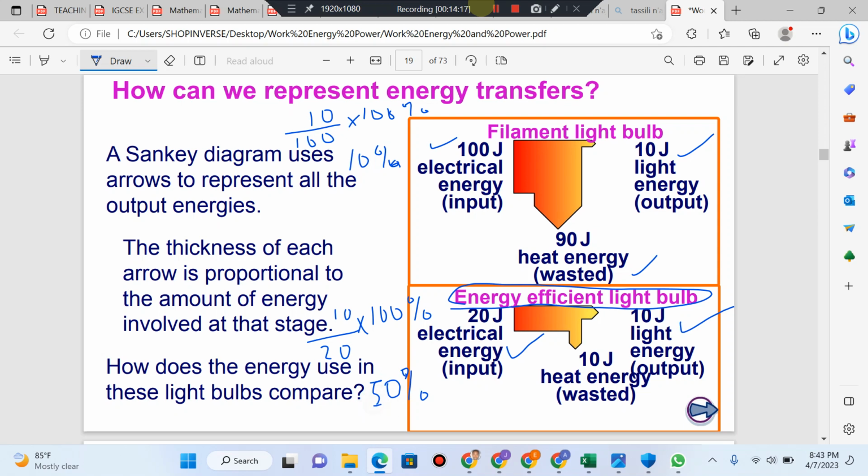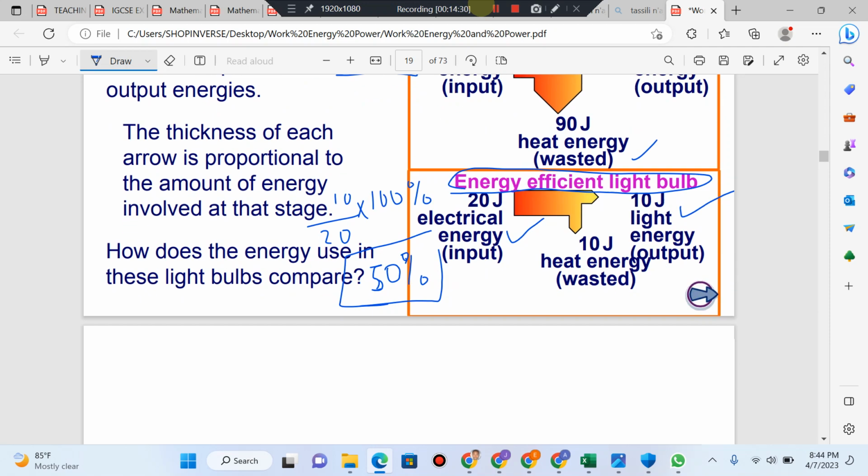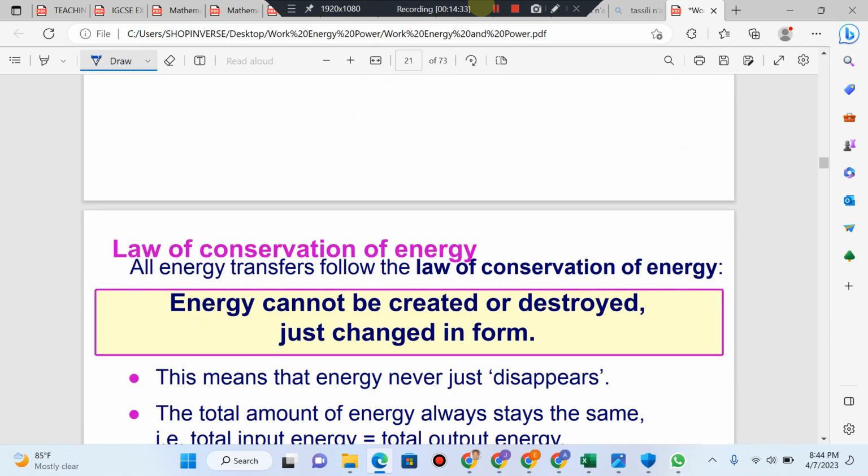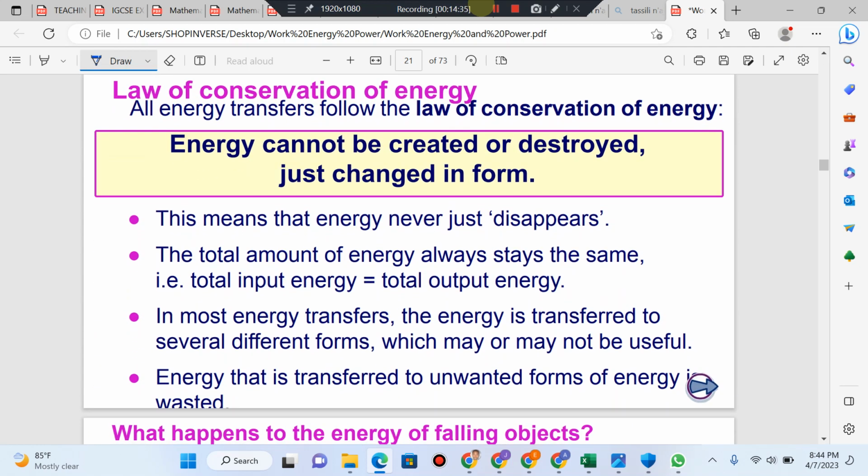So if you use a calculator to calculate this, you get 50%. Okay, that means the energy efficient bulb is more efficient when you compare it with the filament bulb that has an efficiency of just 10%. Okay, good. So that is a point of emphasis.